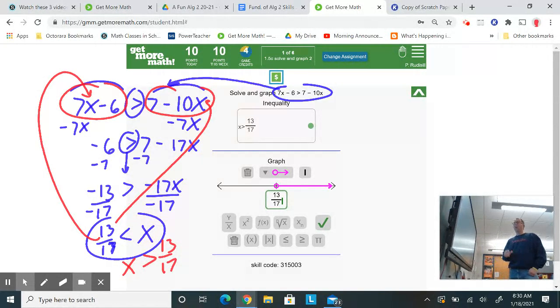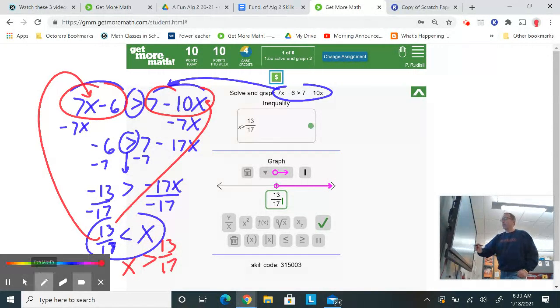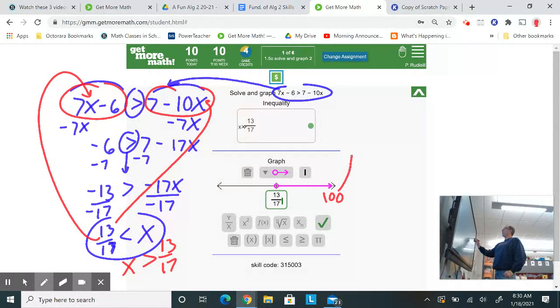For example, 100. If you took 100, which is way out here, right? Let me just show you this. If I took 100 and I replaced it in here for this x, and I put it in here for this x, 7 times 100 is 700, minus 6 will be 694 on this side.